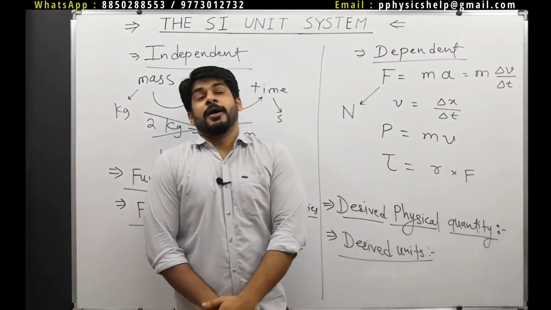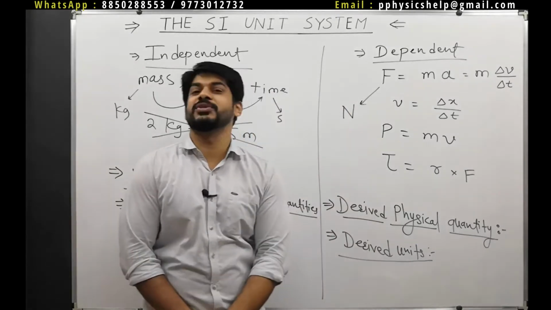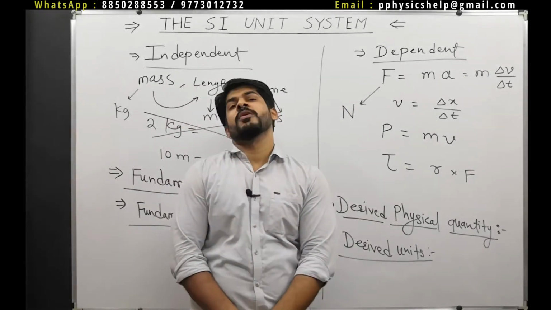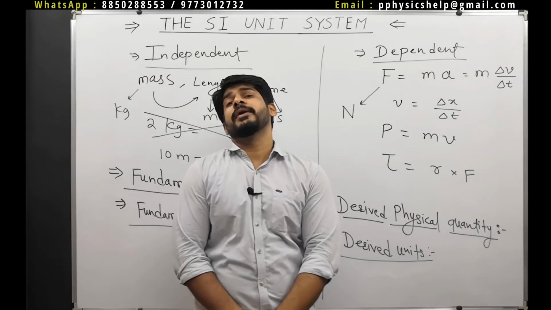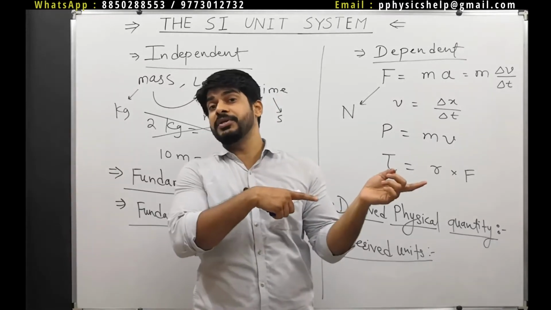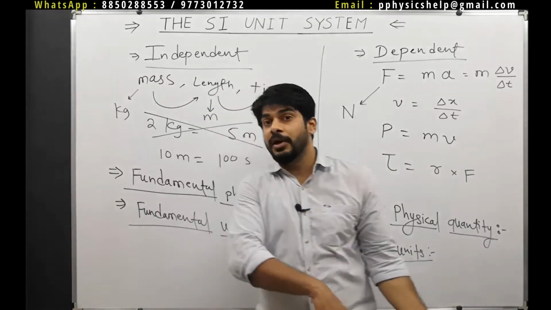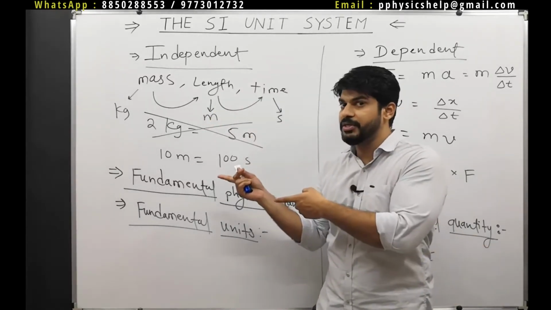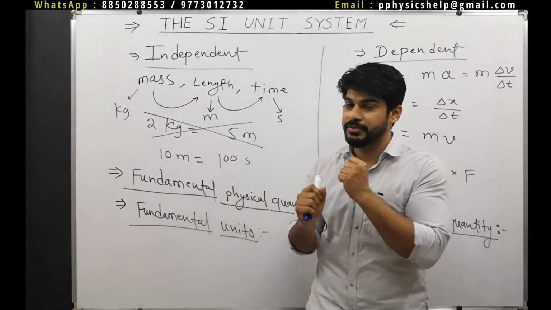Now the main question arises. I have said that there are some fundamental physical quantities, and other physical quantities can be expressed in terms of these fundamental quantities, isn't it?